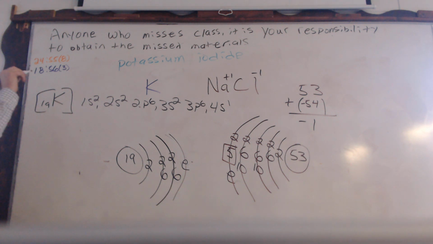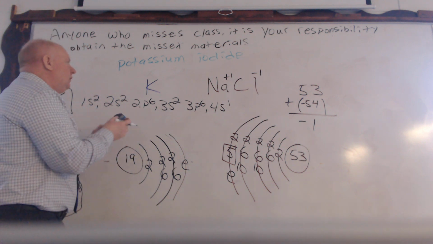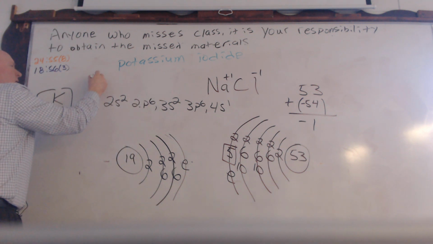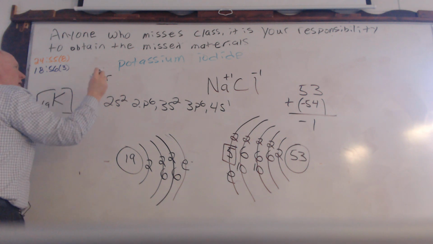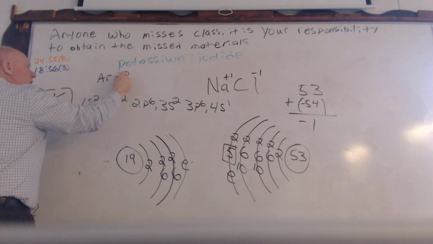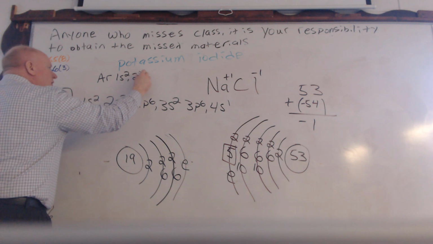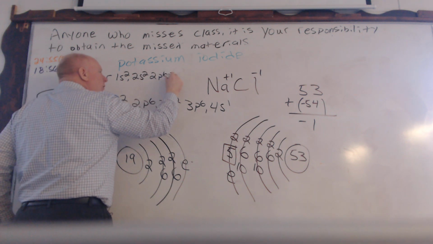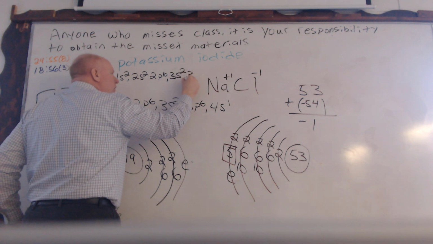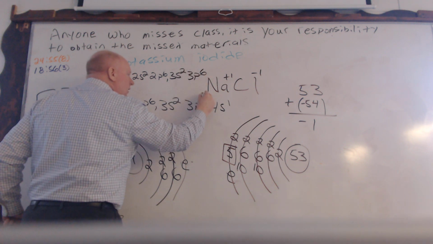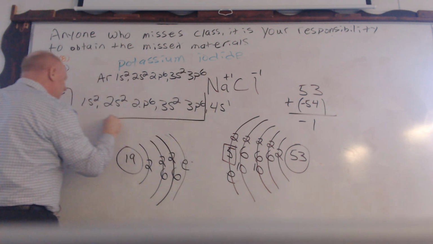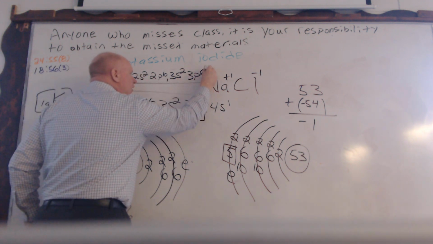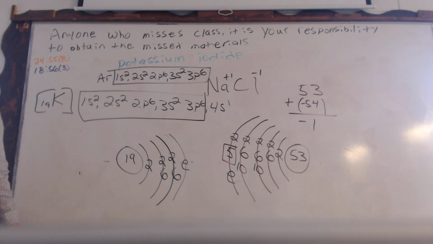If we were to do, we'll remove this because we've got it illustrated here, argon: 1s2, 2s2, 2p6, 3s2, 3p6. Everything that you see inside this box matches up with everything you see inside that box.